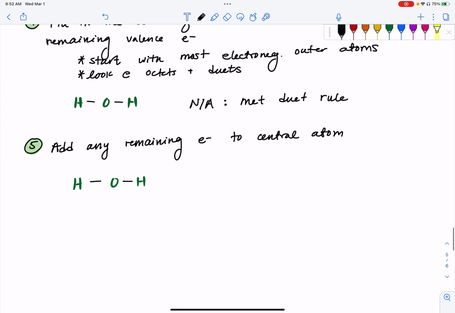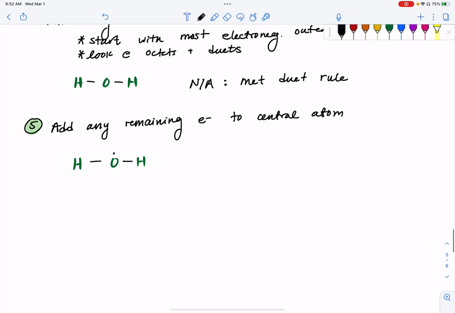All right, so 4 left, 1, 2, placing them opposite, and then doubling up, 3, 4. And then again, we are always going to check our octets or our duets. So hydrogen on the left, 2 electrons shared, met duet. Hydrogen on the right, 2 electrons shared, met duet. So that's stable.